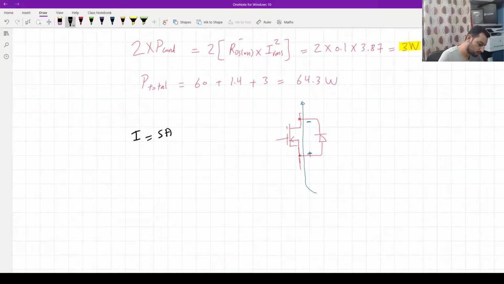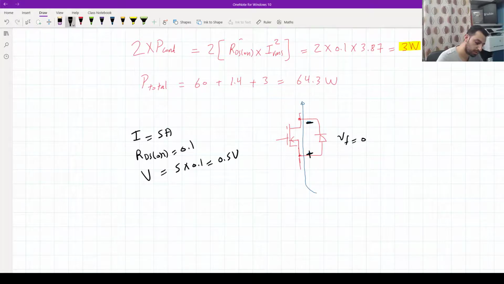And RDS on was 0.1, okay? So the voltage developed across that MOSFET was 5 times 0.1, and that equals 0.5 volt. Now, when we develop that 0.5 volt between that point and that point, the VF for the diode was 0.3. That means it will turn on.